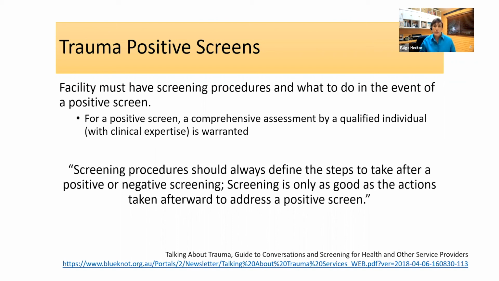This quotation from this resource really summed it up for me very well: screening procedures should always define the steps to take after a positive or negative screening. Screening is only as good as the actions taken afterward to address a positive screen. So we can't just go in and screen people without having a plan for what to do afterwards.